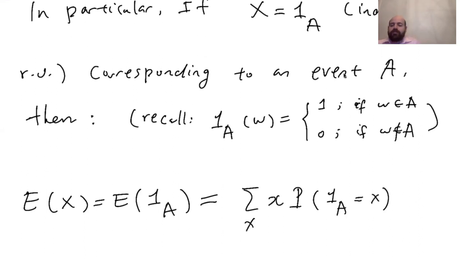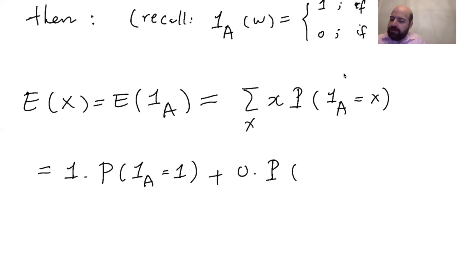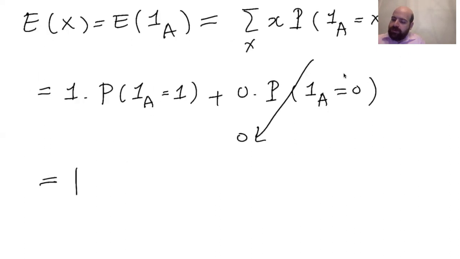Now, the sum is over all possible outputs of the random variable. The random variable is 1_A, and it has only two outputs, either 0 or 1. So this sum will consist of only two terms: 1 times P of 1_A equals 1, plus 0 times P of 1_A equals 0. Now 0 times anything is 0. So we are left with P of 1_A equals 1.